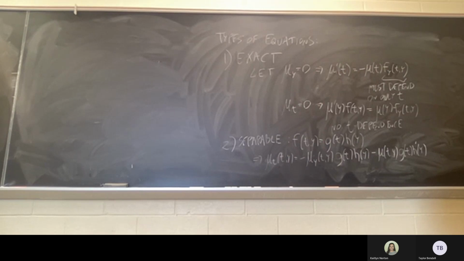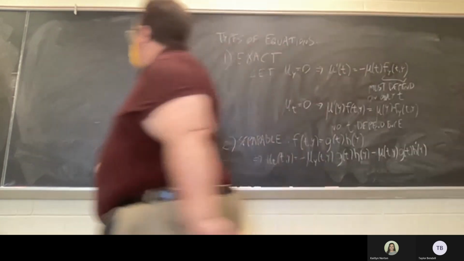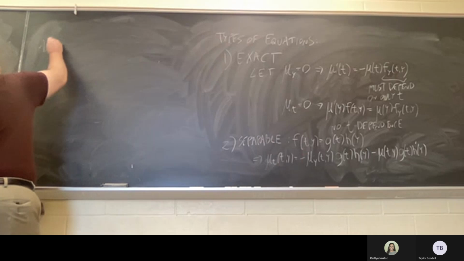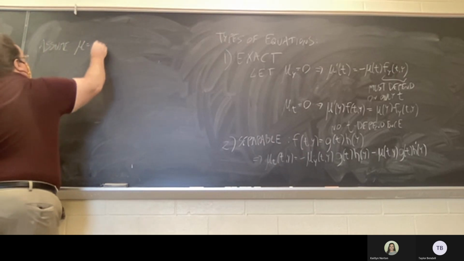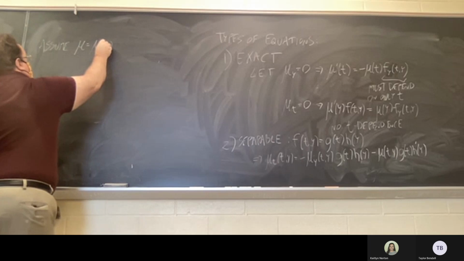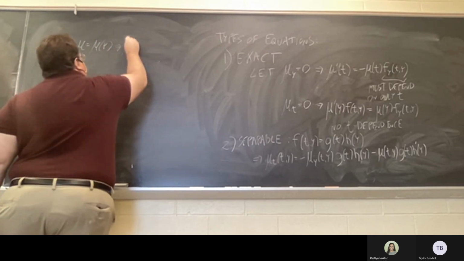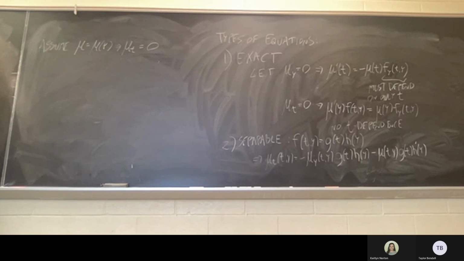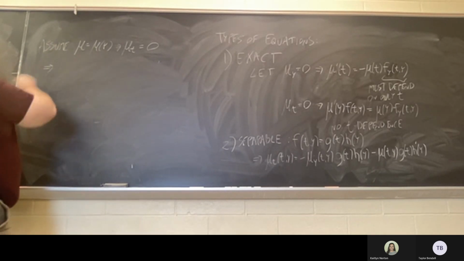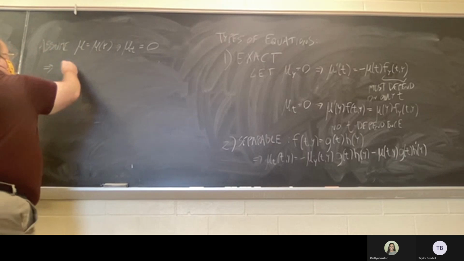Okay. Now, I'm going to assume mu is a function of only y. So mu t has to be 0. So now what we have is 0.